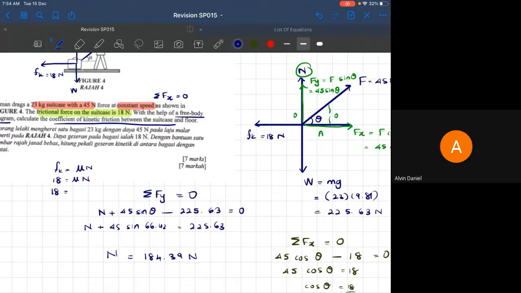Coefficient of frictional force. Okay, so I want siapa okay, Alex, can you tell me the value of mu please? Alex, are you there? Alex ni. It's okay. I'll skip Alex. Alex, berapa nilai mu kamu?